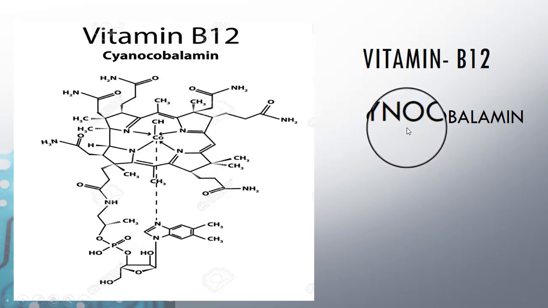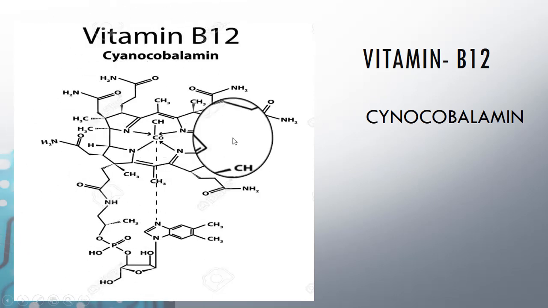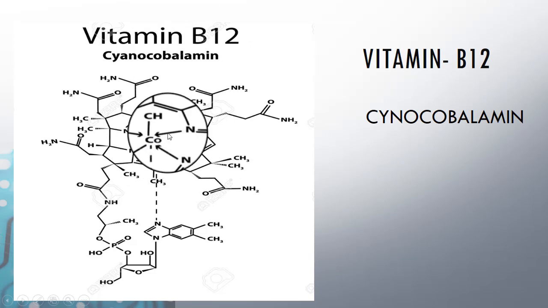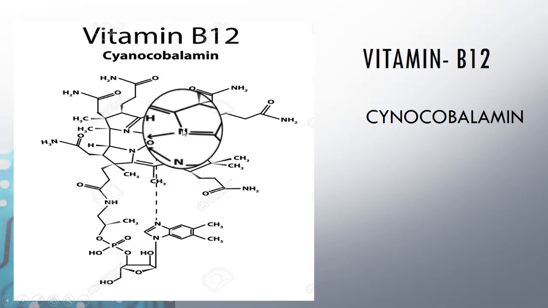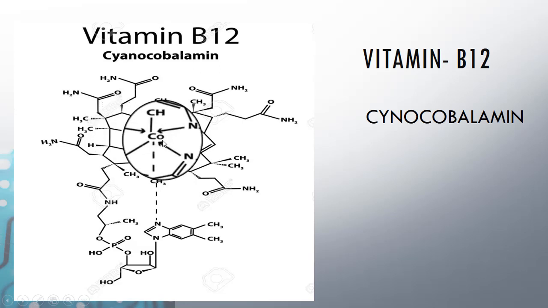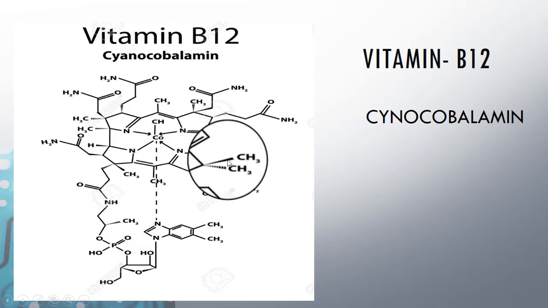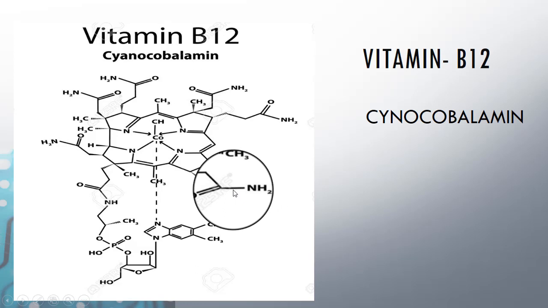And cobalamin has a corrin ring which is linked to the cobalt atom, which is held in the center of the corrin ring by 4 coordination bonds with the nitrogen of the pyrrole groups. The remaining coordination bonds of the cobalt are linked with the nitrogen of a dimethylbenzimidazole nucleotide, and the 6th bond is linked to either a methyl, 5-deoxyadenosyl, or hydroxyl group to form methylcobalamin.